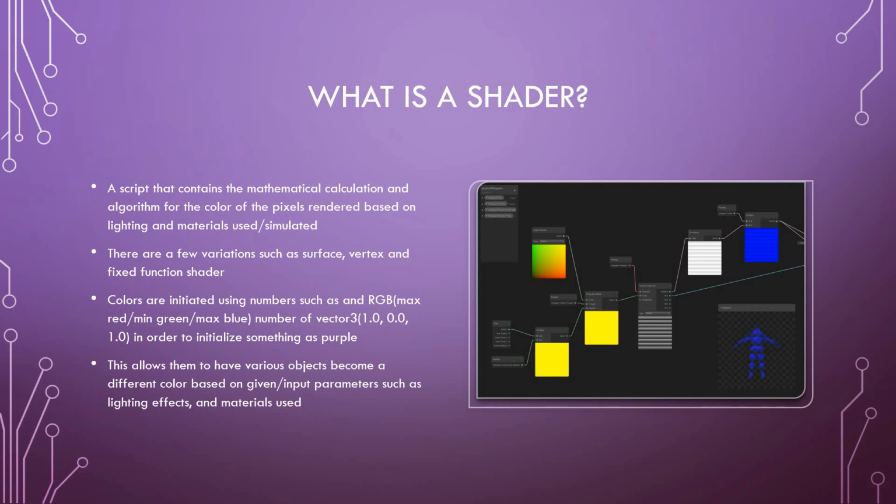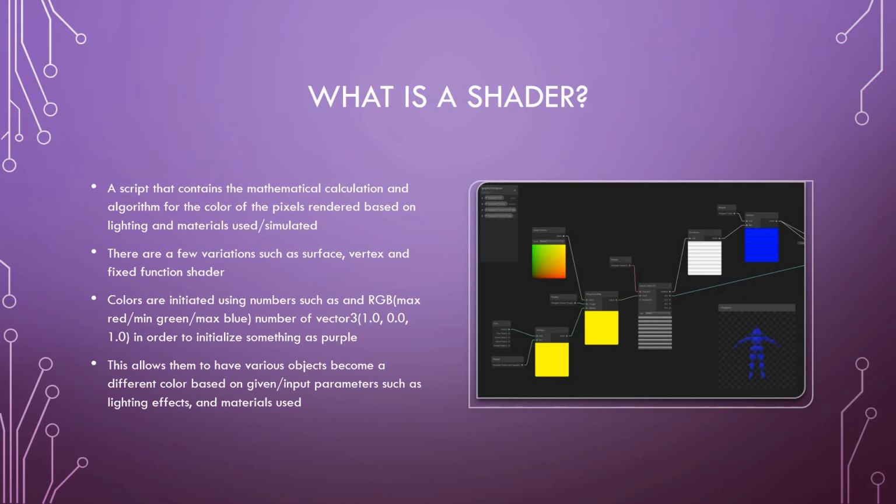So you go through, and each child of the master node, such as the albedo, is in itself its own little graph that, depending on how it's structured, gives you different results, such as for the red, green, blue child. If you have a vector of 1 red, 0 green, and 1 blue, you'd get a color of purple.